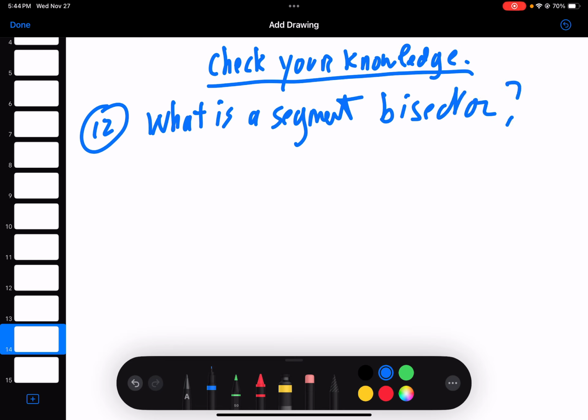It is whatever shape or line or segment goes through a midpoint.